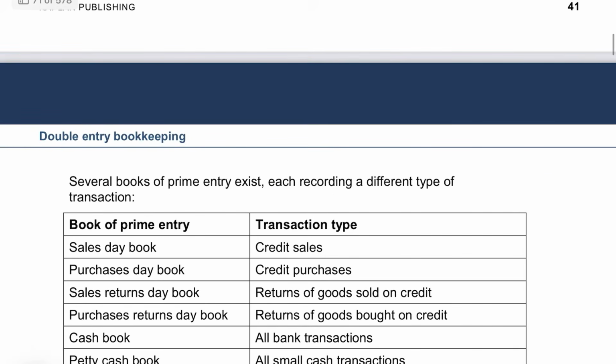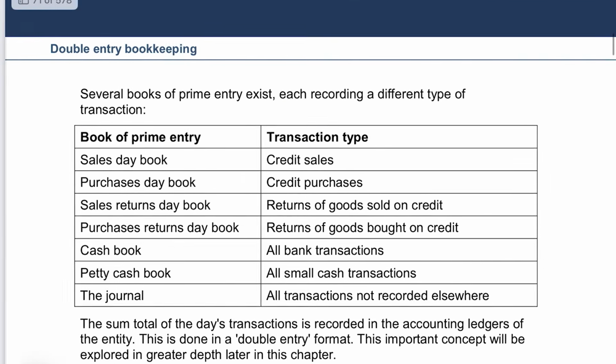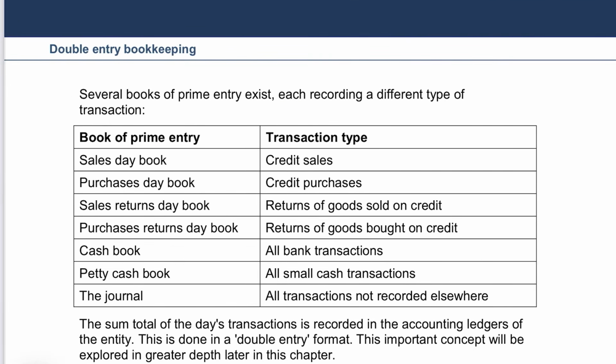Next, several books of prime entry exist, each recording a different type of transaction. Now let's understand this. Sales day book. You can check the video on basic accounting concepts, which is available on my channel. There is a deep understanding of the basic concepts of accounting there, and you can check these as well.